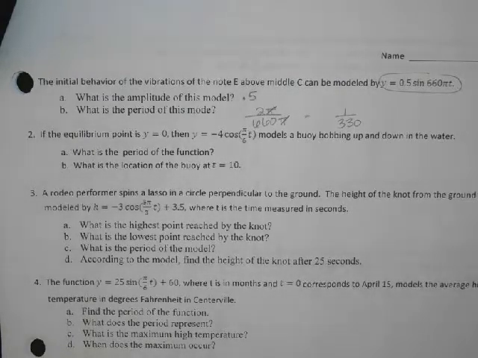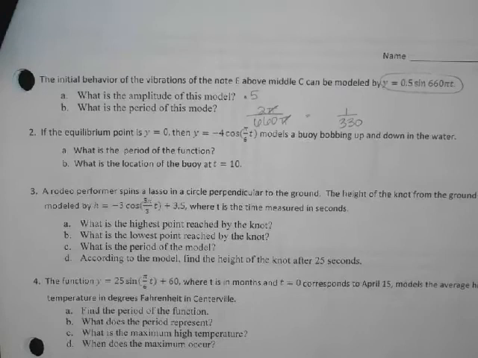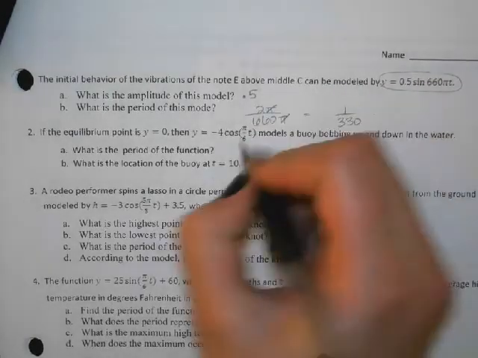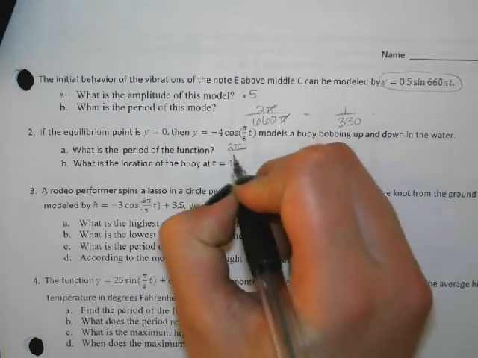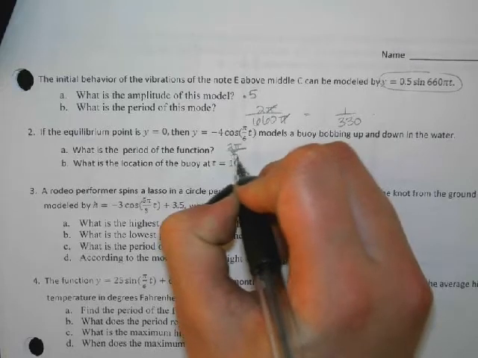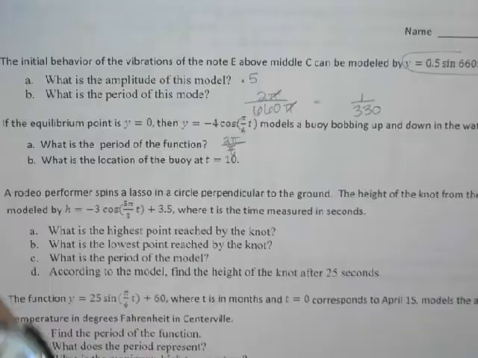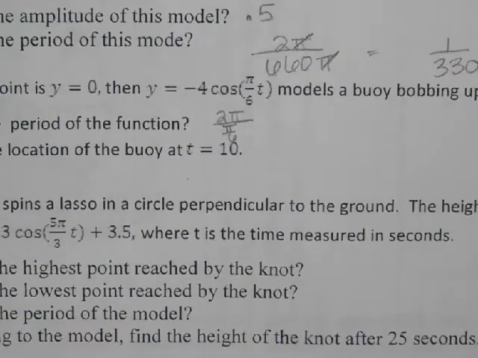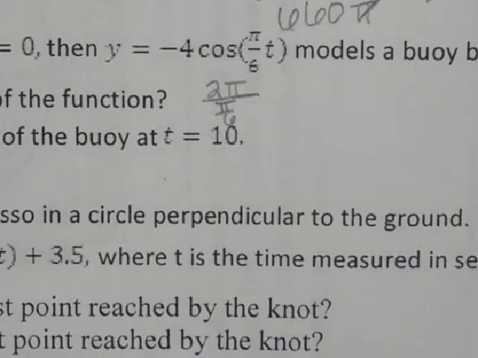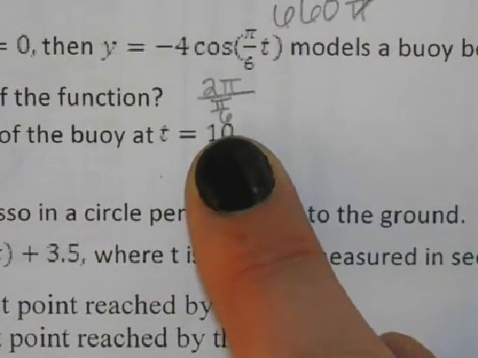We're going to say 2 pi divided by pi over 6. Sorry, let me zoom in. 2 pi divided by pi over 6. How am I going to fix the way that's written right now?